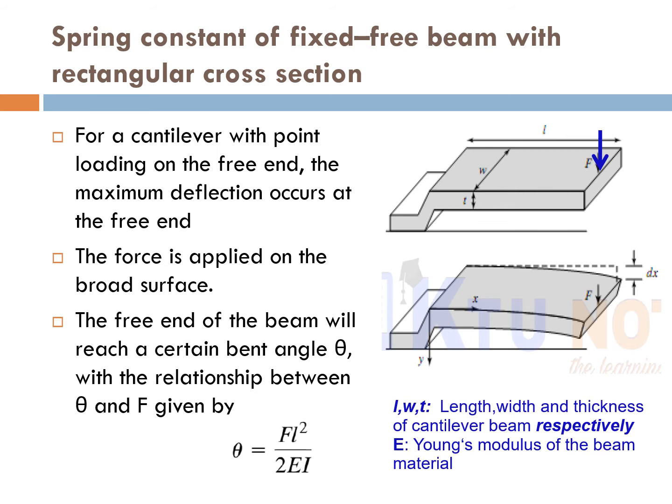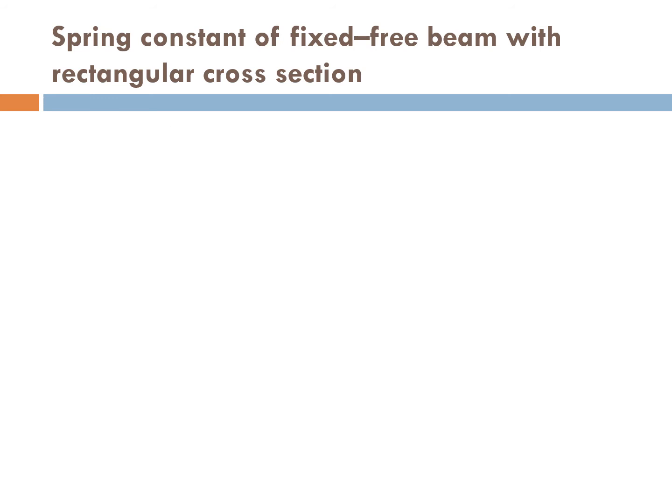L is the length of the cantilever beam and E is the Young's modulus of the beam material. The resultant vertical displacement of the cantilever beam is given by x equal to FL cube by 3EI.